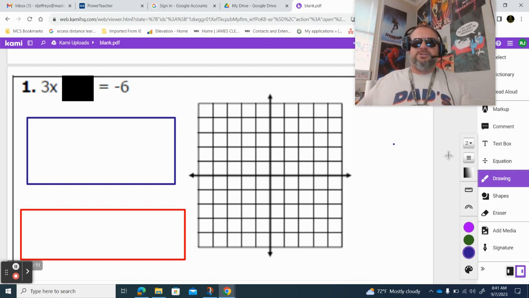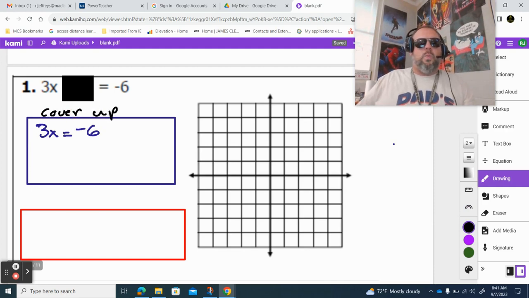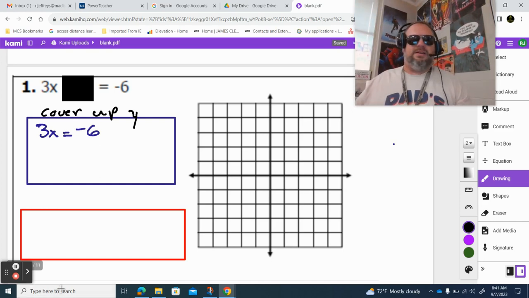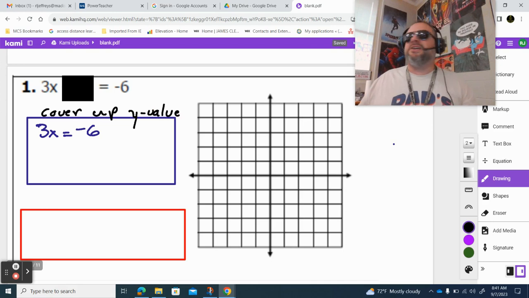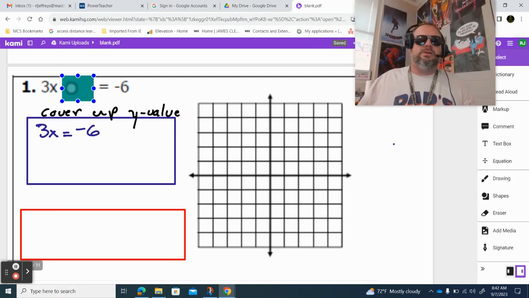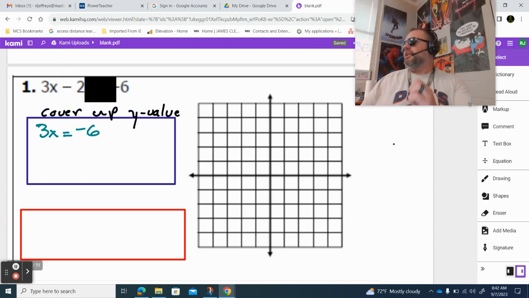Okay, so we covered up the y value. Now we have 3x equals negative 6. And how do we get this? We cover up the y value. Because if I just say cover up y, you know what some people are going to do? I'm going to show you. They're just going to cover that up. Just literally the letter y.